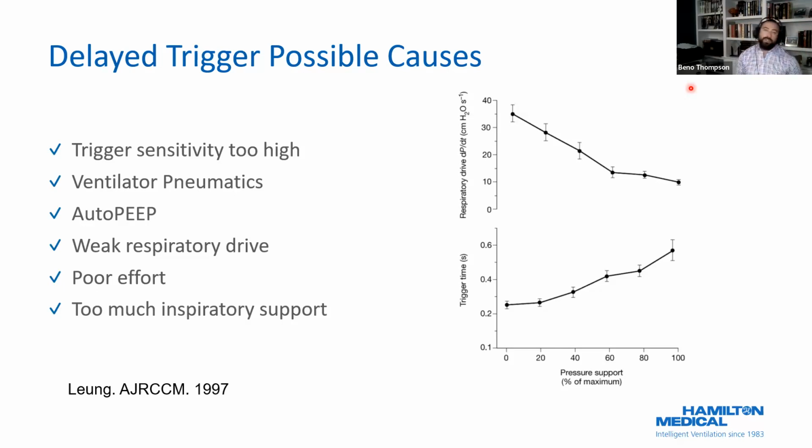So instead of the 1 centimeter of water pressure that you think they have to generate to trigger the ventilator, they actually have to generate 5 centimeters of water pressure. They have to pull in and create a negative pressure of 5 instead of that 1 that you think, right? So this could create a delay in triggering or even a mistrigger, which we're going to talk about in a little bit.